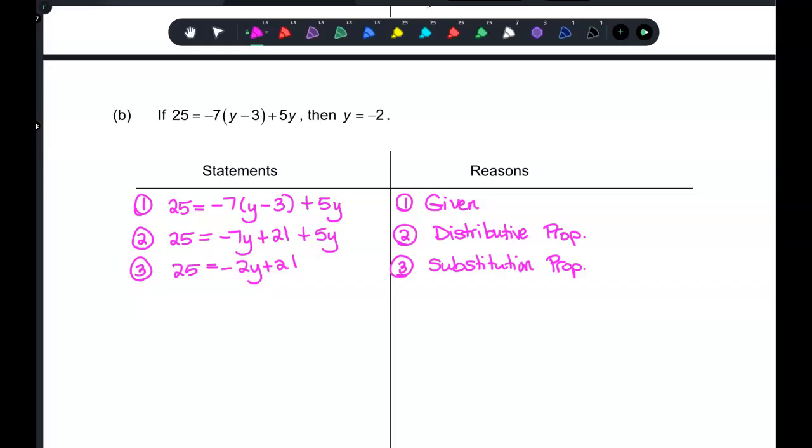Now what would you do next? Okay. I subtracted 21. Subtract 21. Okay, so that will give us what on the left side? And I'll make that a 4.